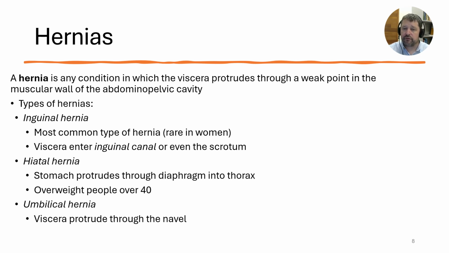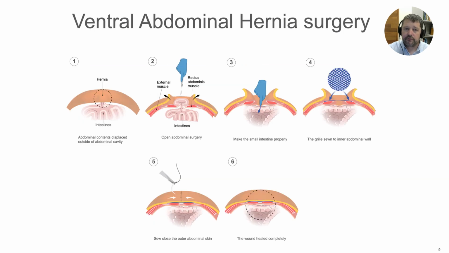Okay? So let's kind of look at what this would look like. Okay, so let's say you have a ventral abdominal hernia. Okay, so you can see the intestine here is pushing out, okay, creating a bulbous, a bump here, and that means it's pushed through the muscle.